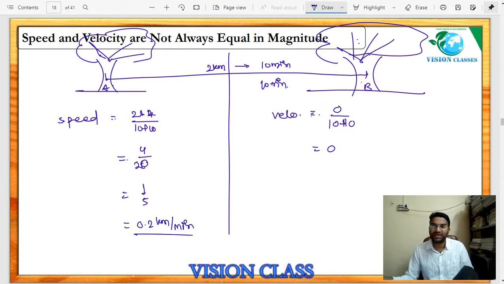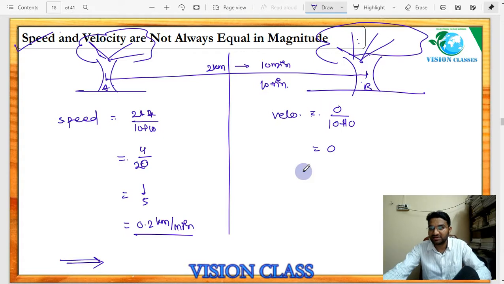But velocity is 0. So the concluding point is that speed and velocity are not always equal in magnitude. That's the difference between speed and velocity.